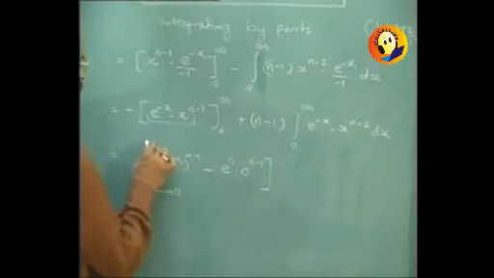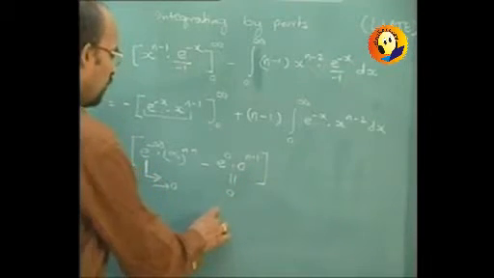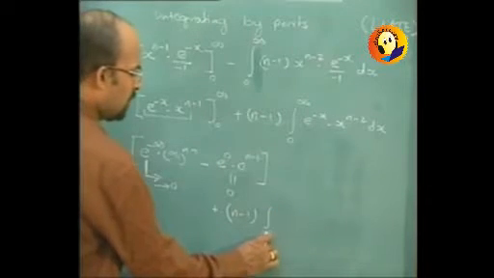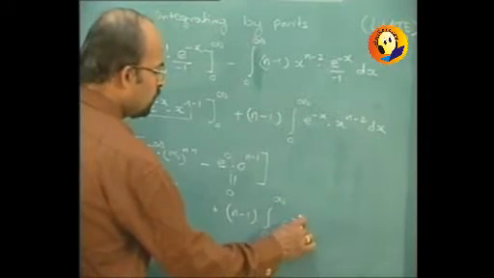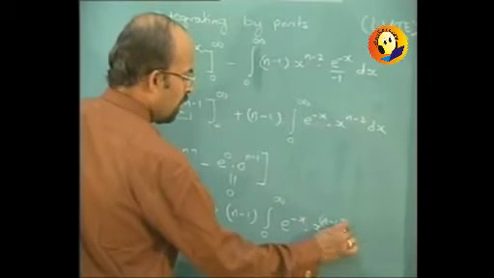So at both limits, the value of the first term will be 0, and the second term can now be rewritten as n minus 1 integral 0 to infinity e raised to minus x into x raised to n minus 1 minus 1 dx.